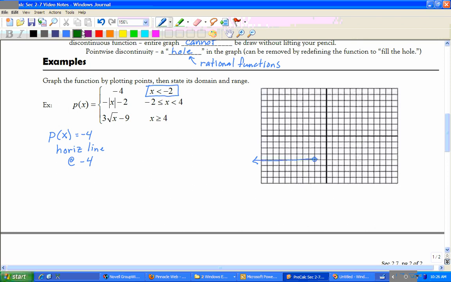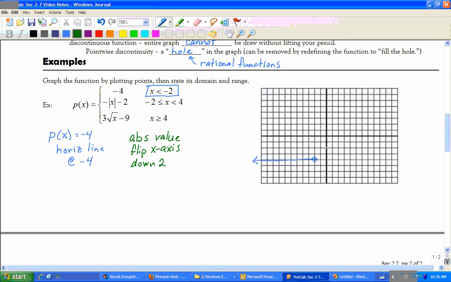Let's take a look at the second one. This is an absolute value function. And we know from the last chapter that this is a V shape, and then both lines have a slope of 1 and -1. The negative out in front means we're going to flip over the x-axis. And then the -2 means we're going to move down 2. So this one's easy enough that we can figure out without doing a t-table.